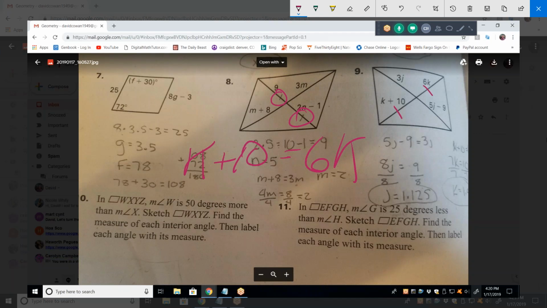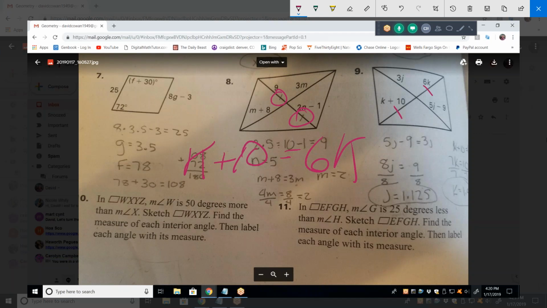Which side am I going to move my variables to? The right side or the left? The left. Which side gives you a positive coefficient? Go ahead and move it to the left. What do you get?